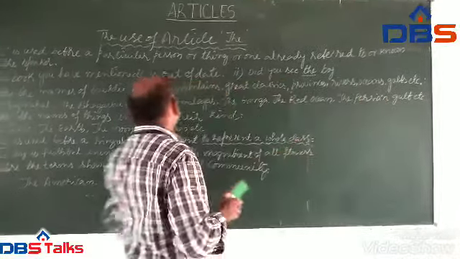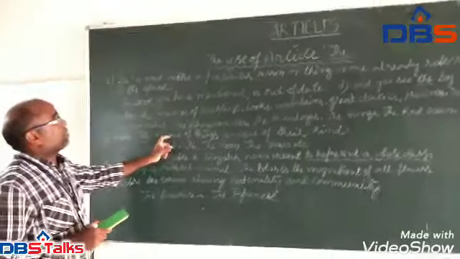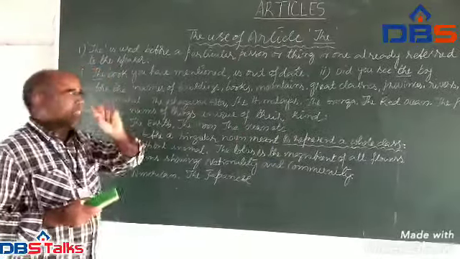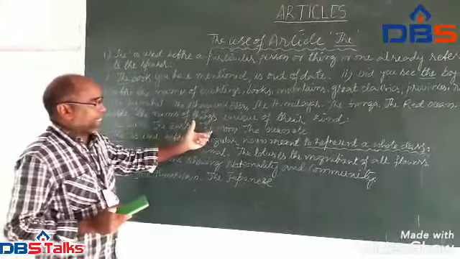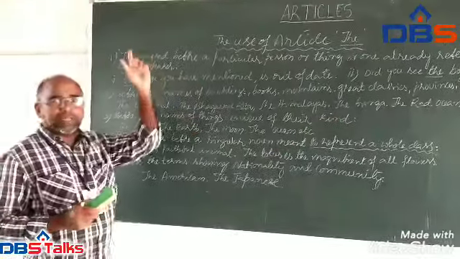We use the definite article the before the names of things unique of their kind. Very important to understand. For example, the sun, unique of its kind.